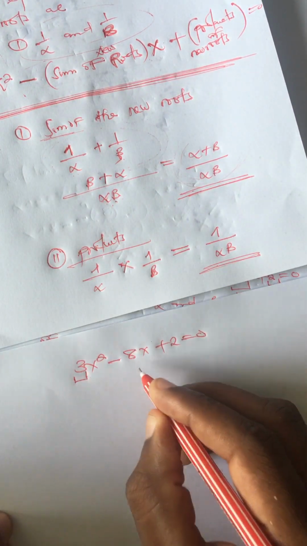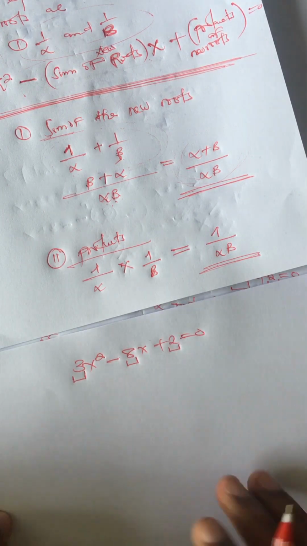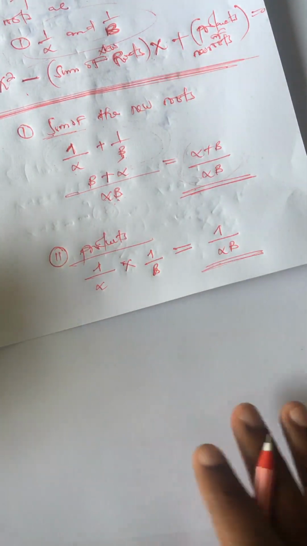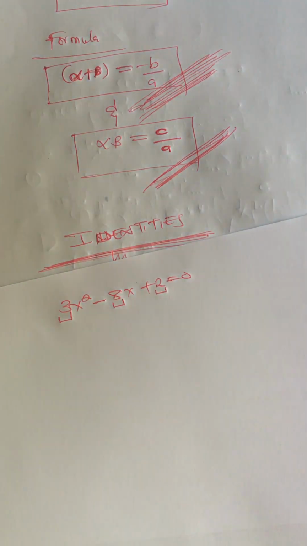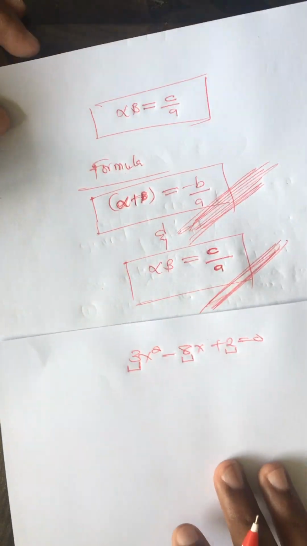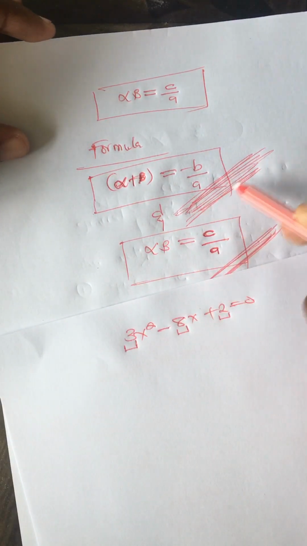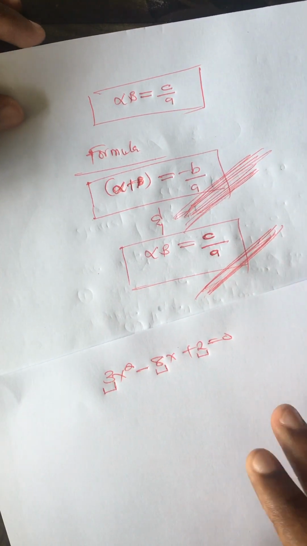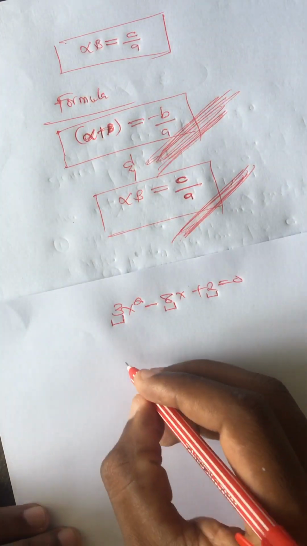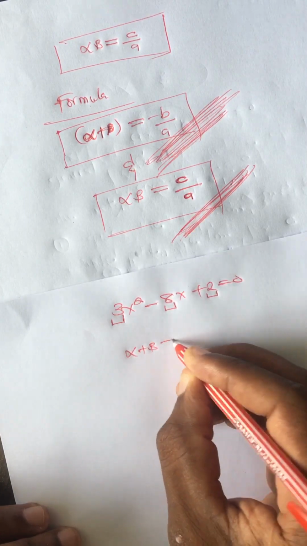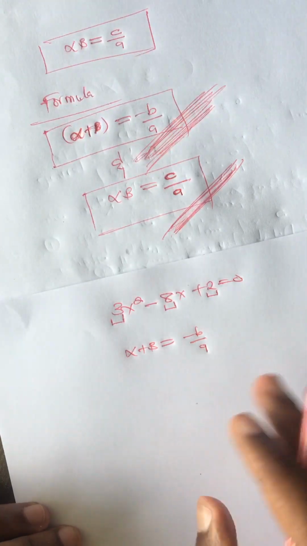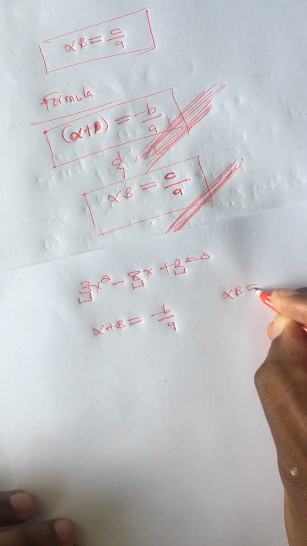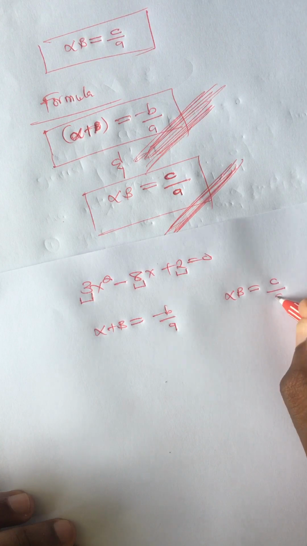Then we know that this is our A, this is our B, and this is our C. In the previous video we derived these formulas, right? So you can say alpha plus beta is negative B over A. Please know this. Then alpha beta is C over A, like that.